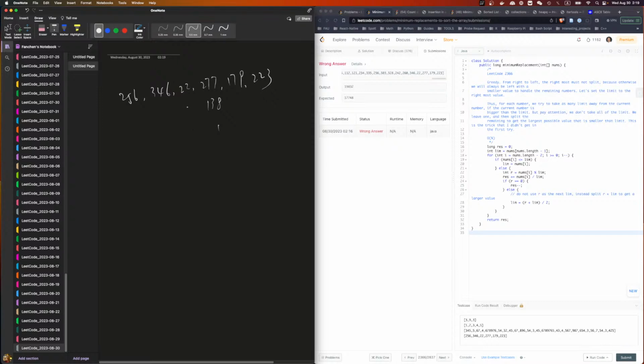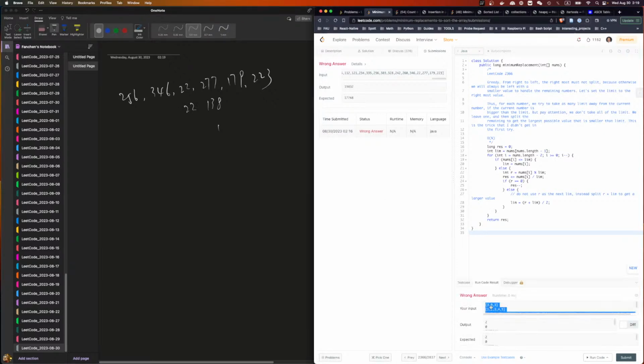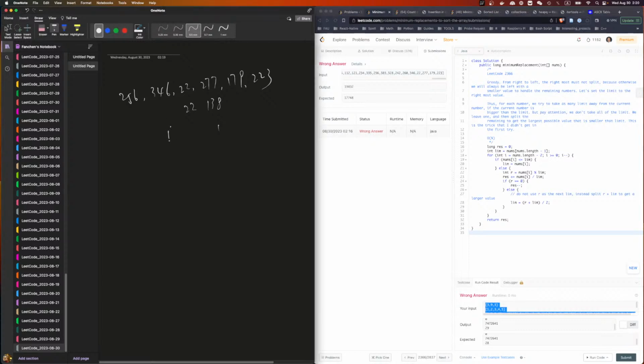So I'll take 22. And then 346. Now start take 22 away. 346 divided by 22. 15. So 16.